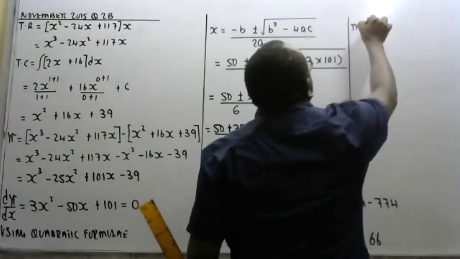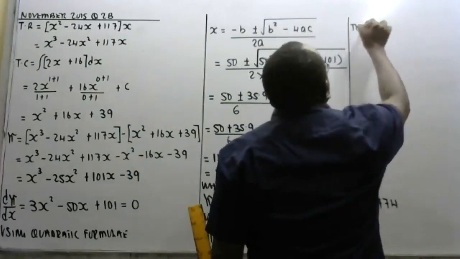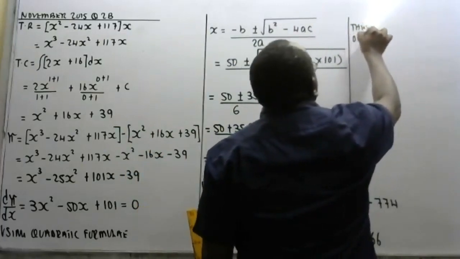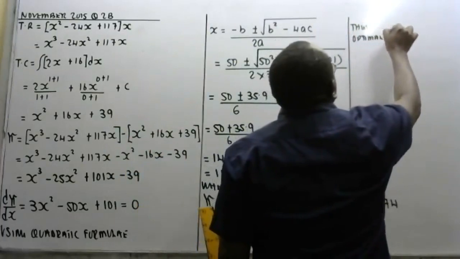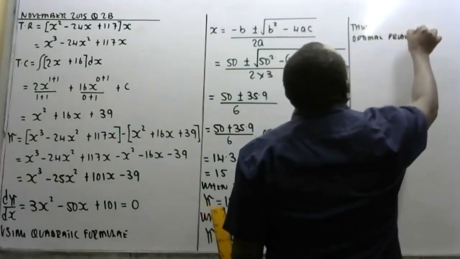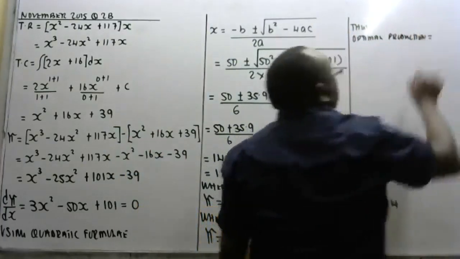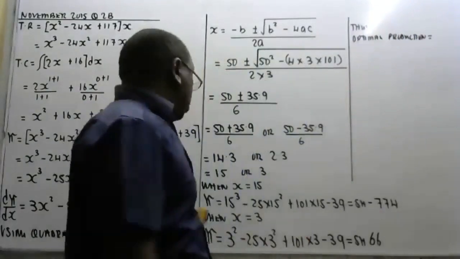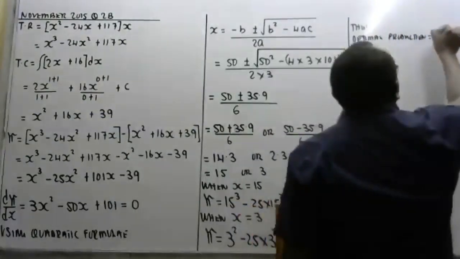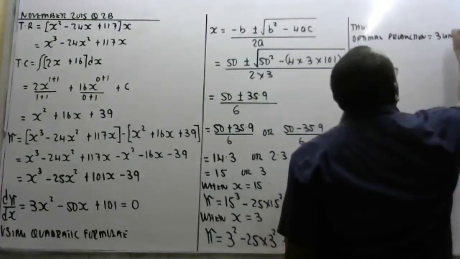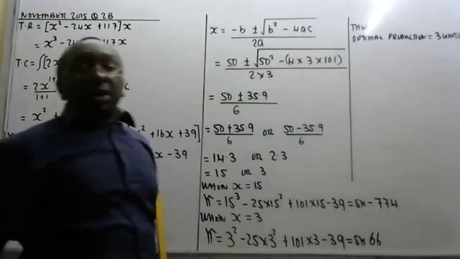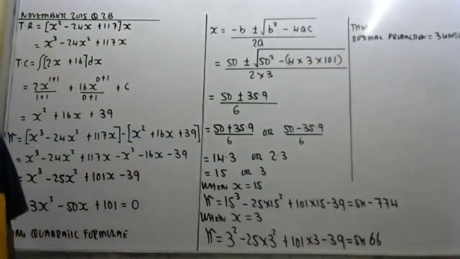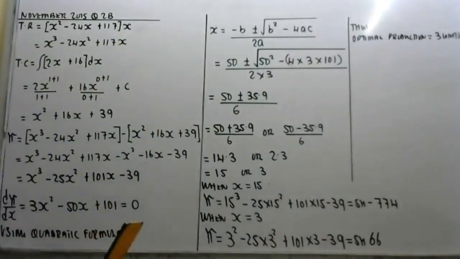Thus, optimal production is equal to 3 units. So you can see when we are making fewer units, we have more profits.